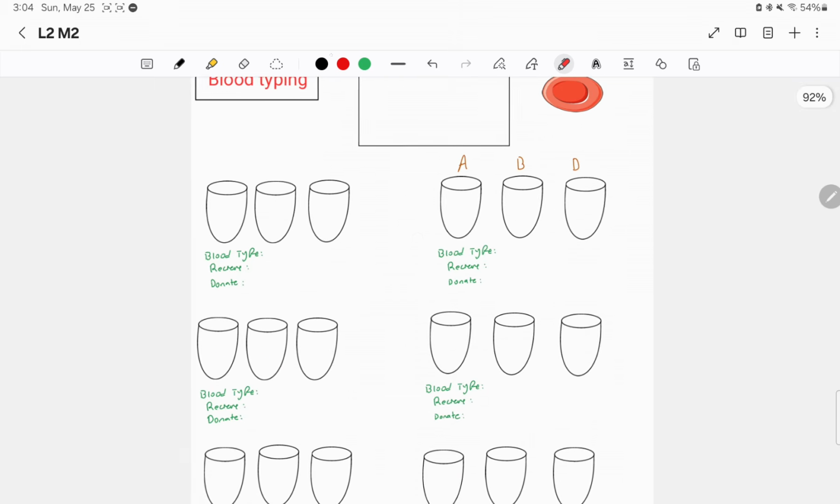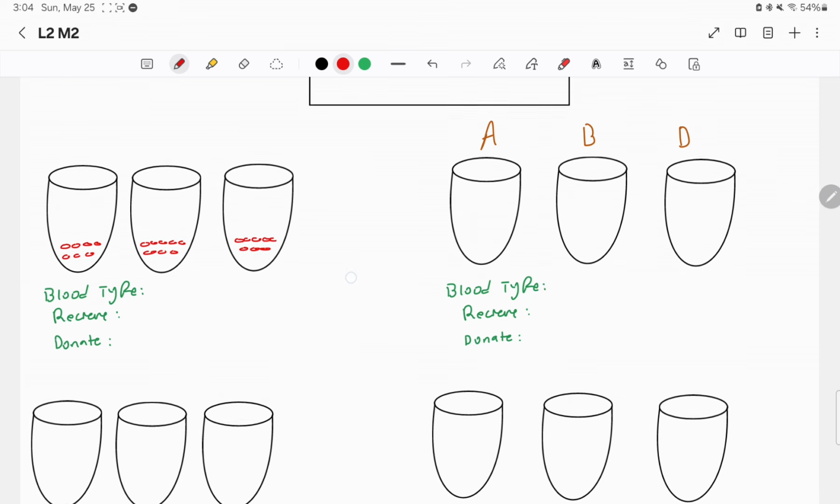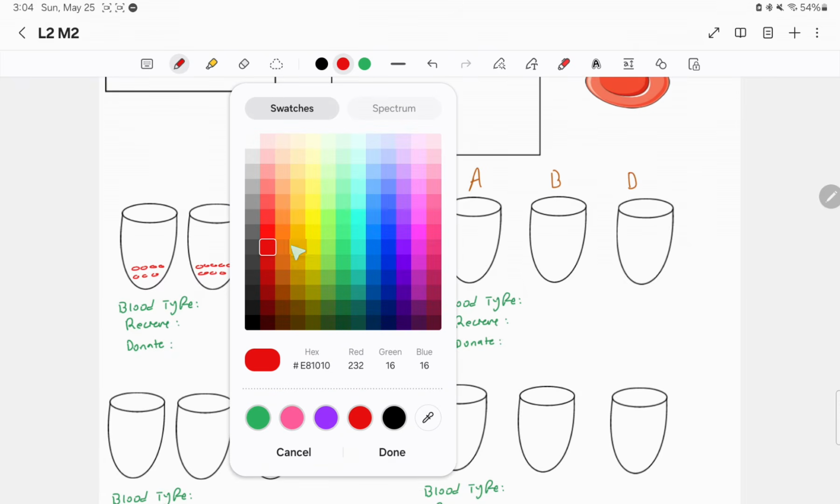Well, what we're going to do is we're going to take that sample of blood and we're going to separate it into 3 test tubes, okay? Great. And in each test tube, we're going to test for 1 antigen, okay?